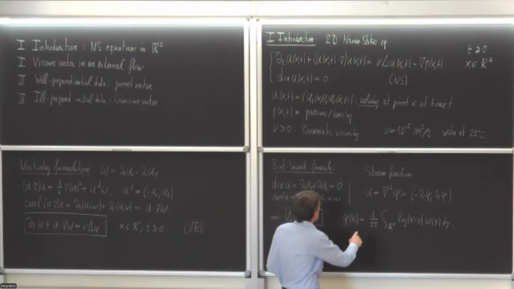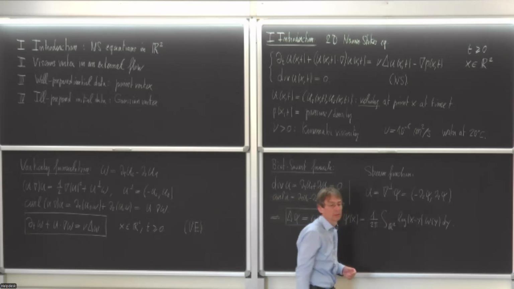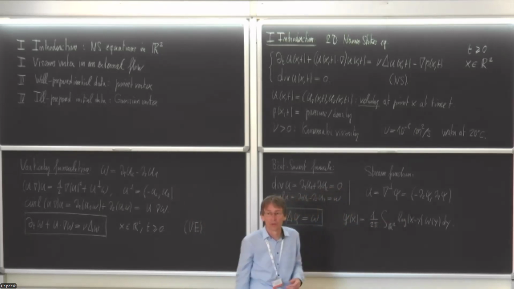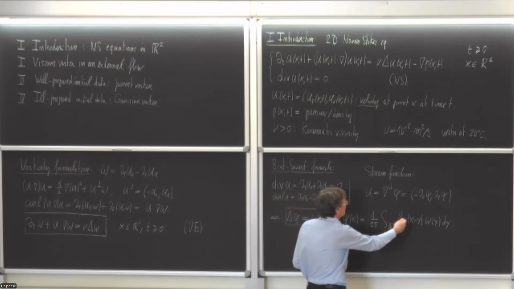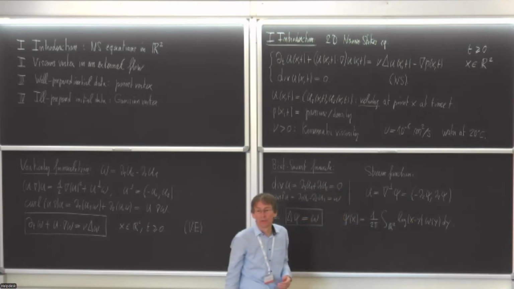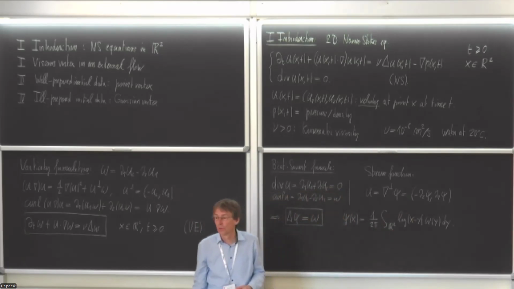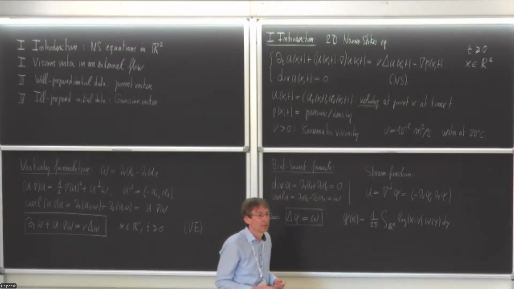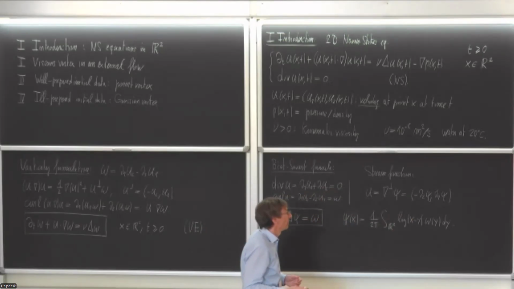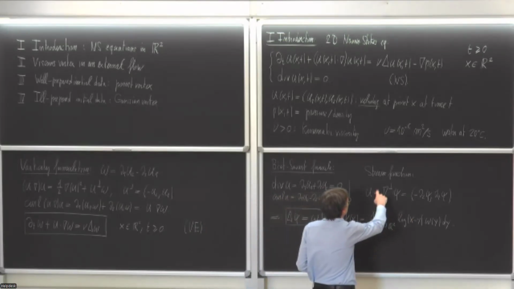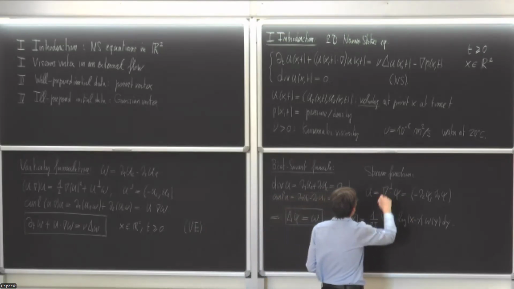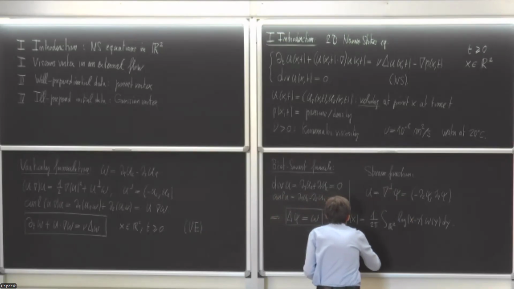By the way, in 2D, the stream function is not defined uniquely because it will typically grow logarithmically at infinity, so you could add a constant to it. There is no way to choose one particular stream function, but this is absolutely irrelevant for us because what we want is to take the gradient of psi and the orthogonal of the gradient of psi.